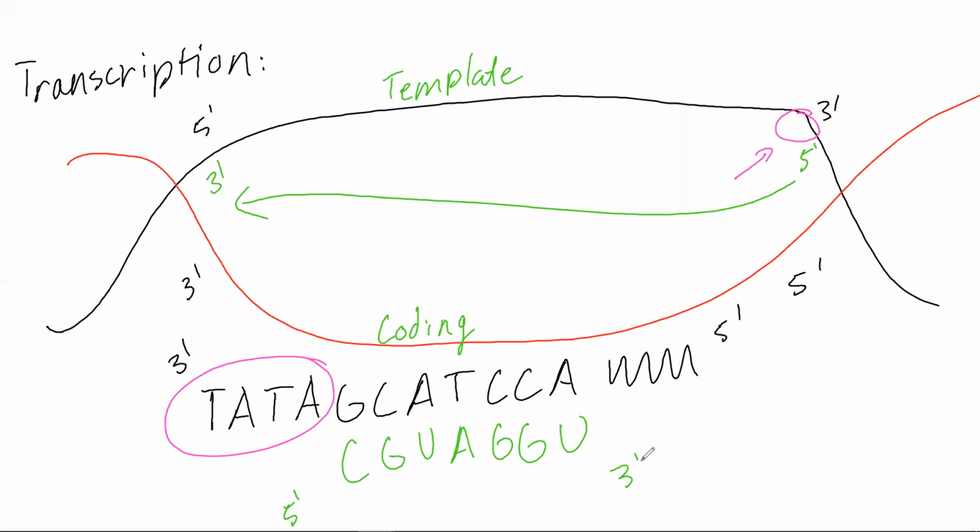And on the 3' end, it just gets a ton of A bases at the end of it, also as protection, but also as something that the ribosome is able to read to know, hey, I'm going to turn this into a protein.